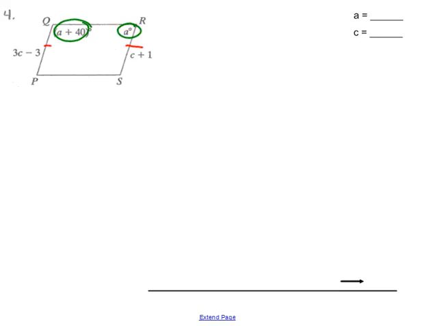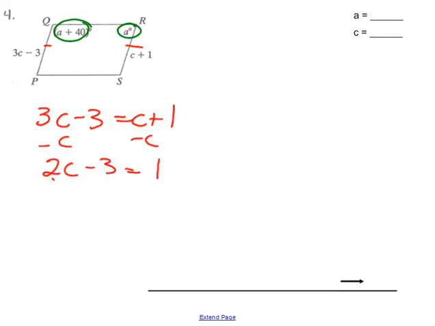They're supplementary. So let's do c first. 3c minus 3 equals c plus 1. Take away c, take away c. 2c minus 3 equals 1. Add 3, 3. 2c equals 4. c equals 2. All right. Easy enough.